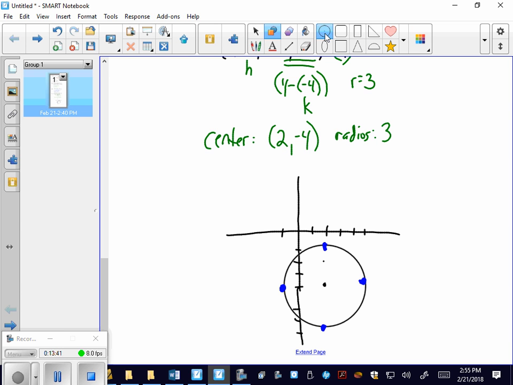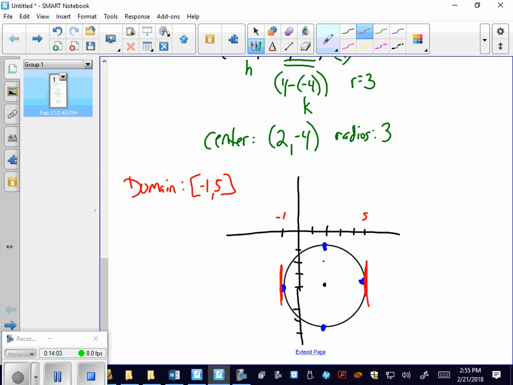So domain is the list of your x values. Well, x goes from here to here. So that's going to be from negative 1 up to 1, 2, 3, 4, up to 5. So my domain of that circle goes from, and it includes the endpoints because they are part of the circle, negative 1 to 5.